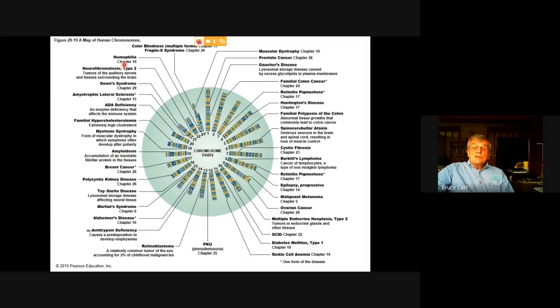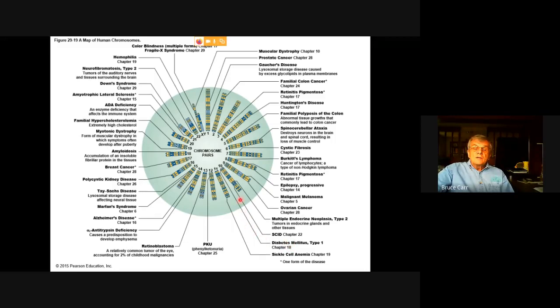Many of these may be new to you, but I'm sure that many of them are also familiar. You've heard of Huntington's disease in this class, and we have discussed briefly cystic fibrosis. Here is diabetes mellitus. Chapter 18 will deal with that next semester.